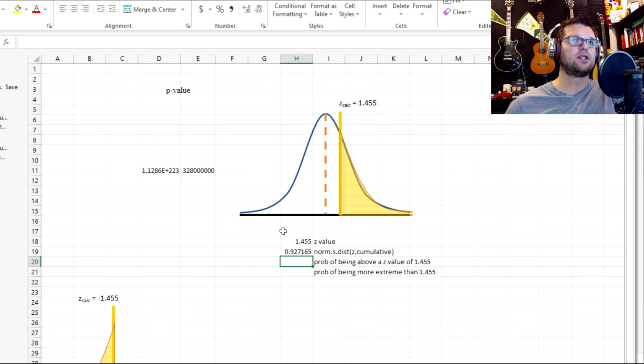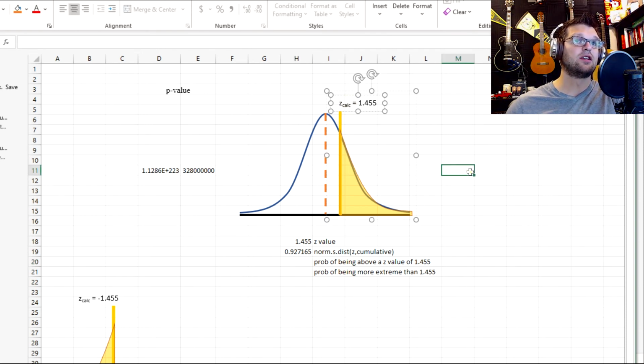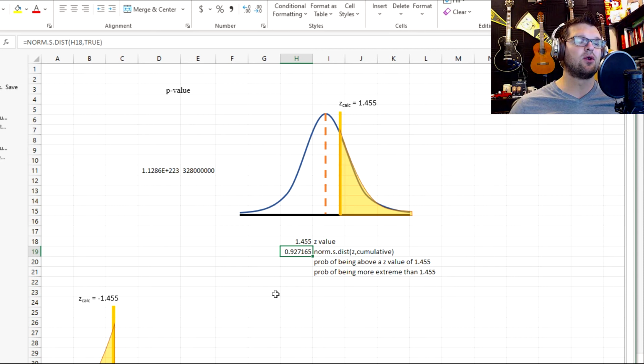So what this is going to do is give us the probability of a value occurring anywhere to the left of this z-value, because it's cumulative. It's everything from infinity to the left, all the way up to that z-calc value. So that's what this is giving you. It's giving you the left tail probability.